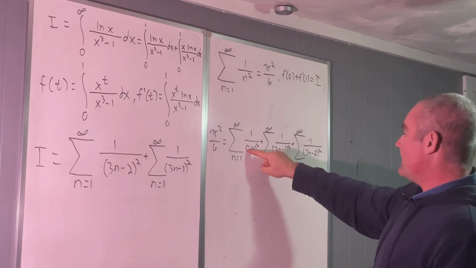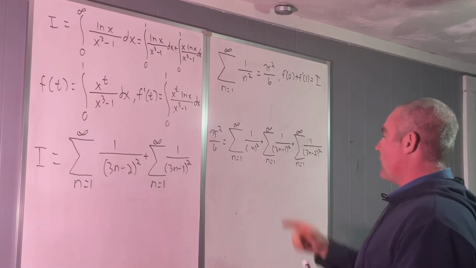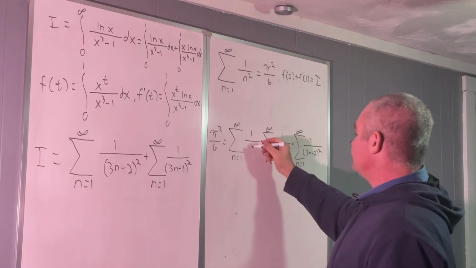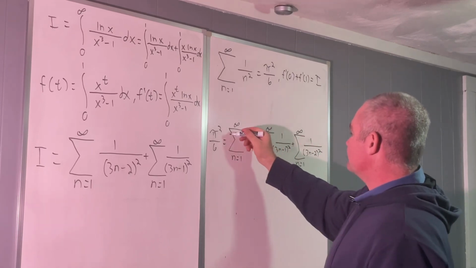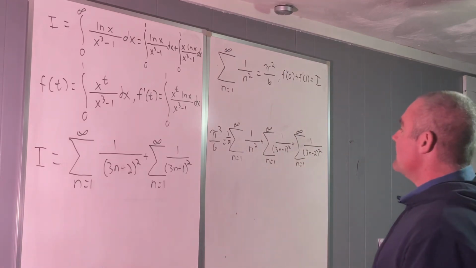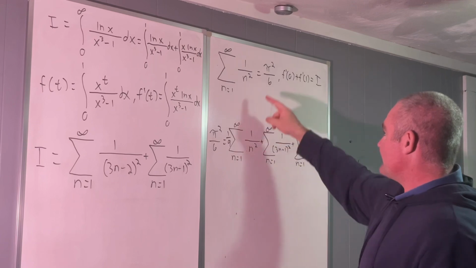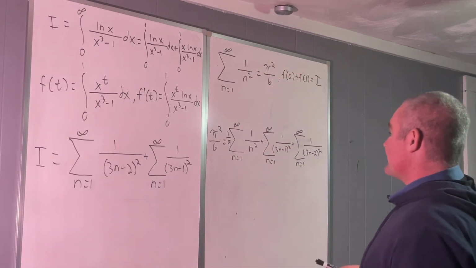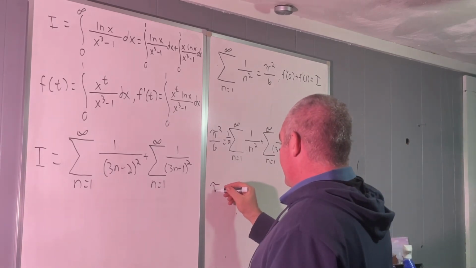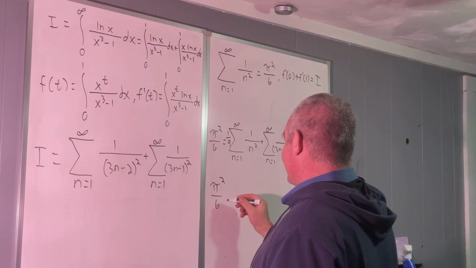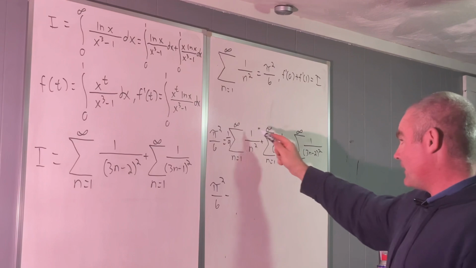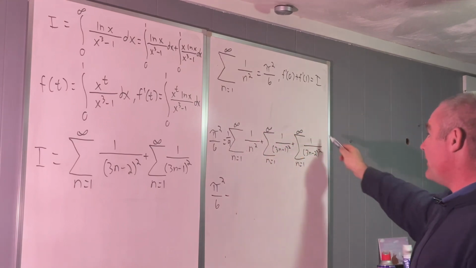We can factor out a 1 over 9 on this first one. Okay. Well, this is exactly pi squared over 6. So we can say that pi squared over 6 minus 1/9 of pi squared over 6 is equal to this.